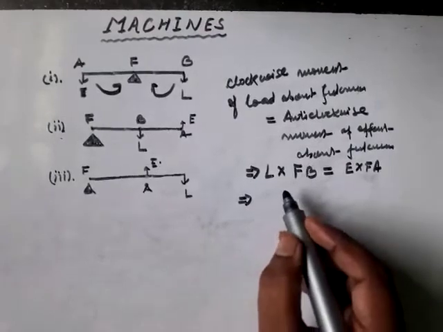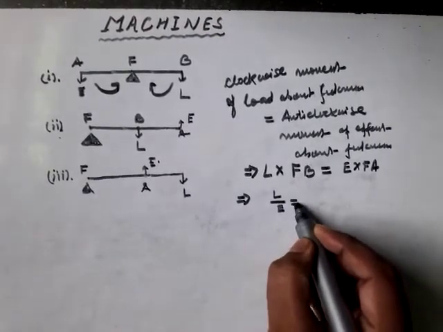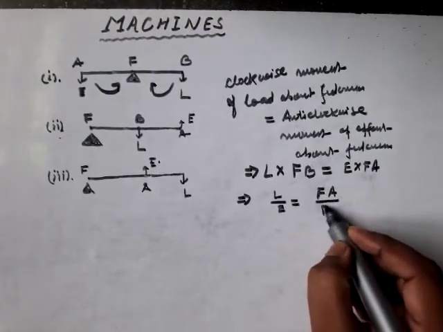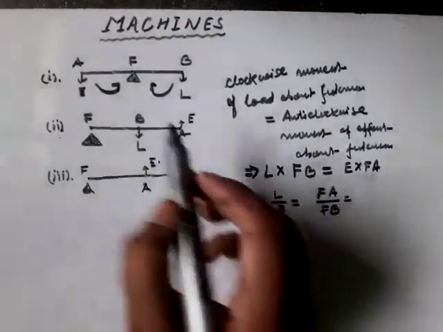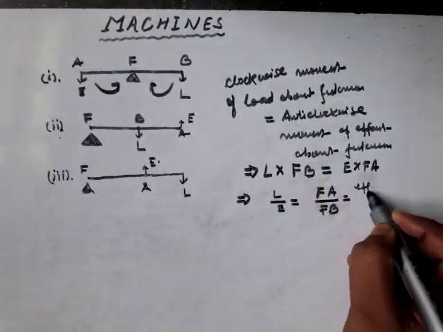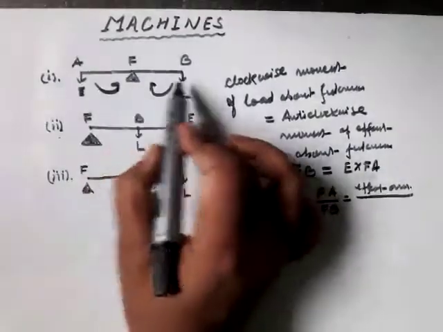After that, if we rearrange it, load upon effort will be equal to FA upon FB. And what is FA? FA is the effort arm. And what is FB? FB is the load arm.